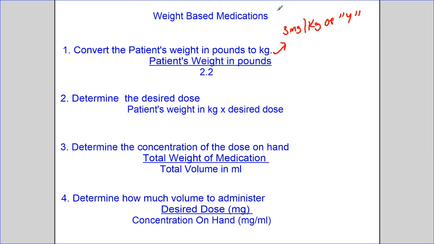Let's change it. Let's start over. Let's make it like 180 pounds. All right, so we're going to take 180. And we're going to divide that by 2.2. All right, that's going to give us 81.8 kilograms.